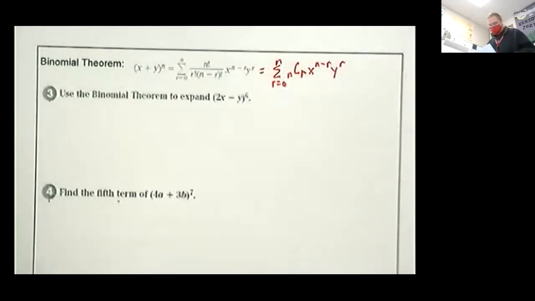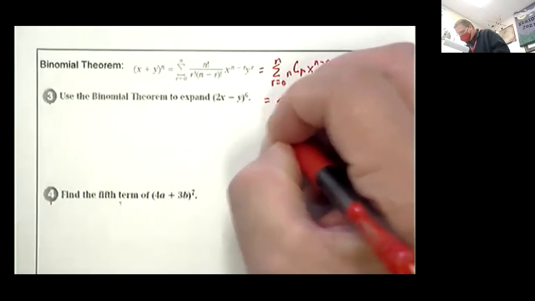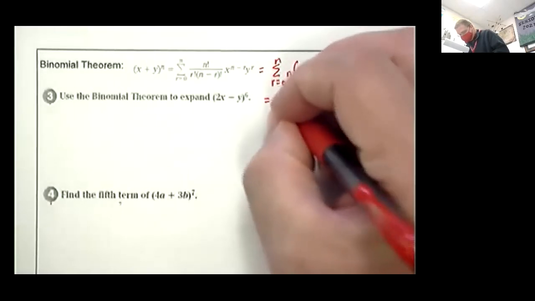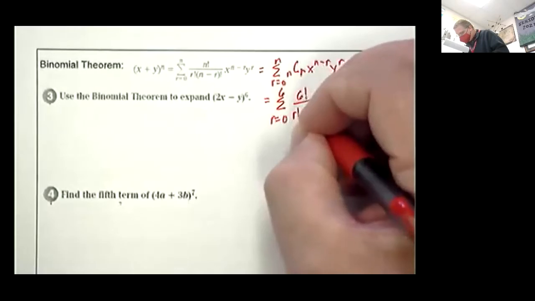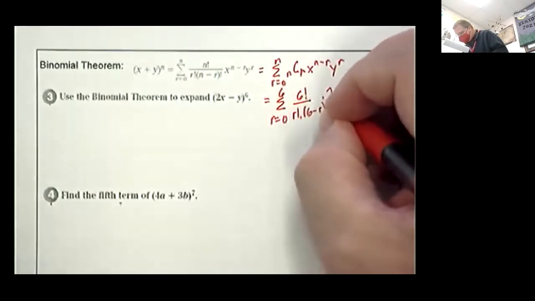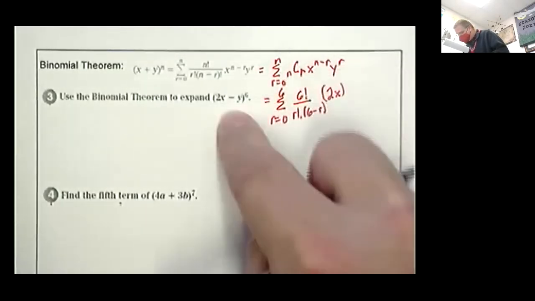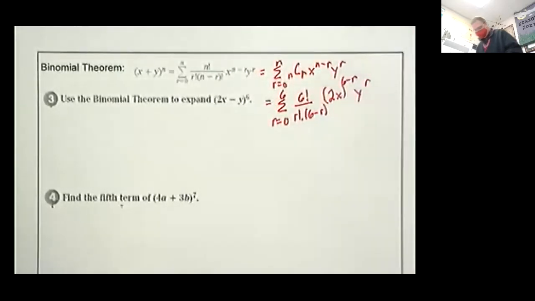So to the 6th power, this means we have the sum of r equals 0 to 6 of 6 factorial over r factorial times (6 minus r) factorial, times 2x, that's our first term, to the 6 minus r, y to the r.